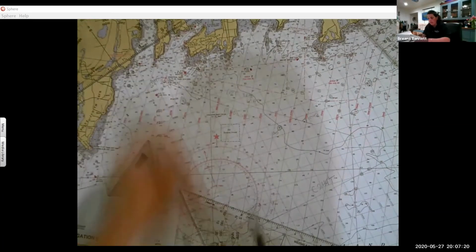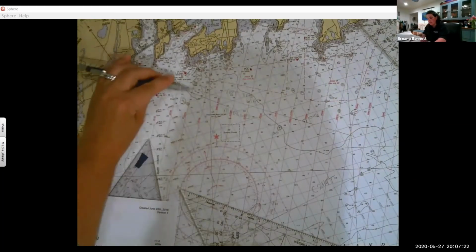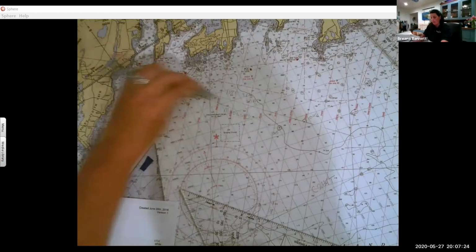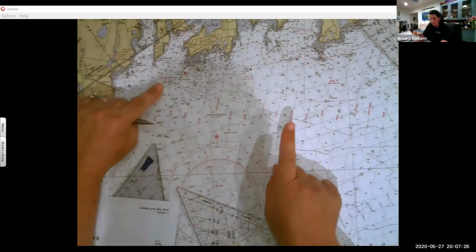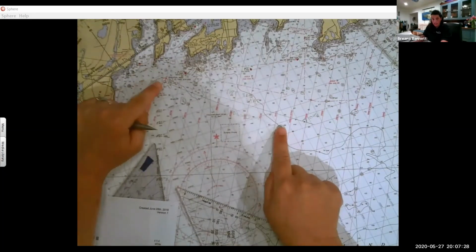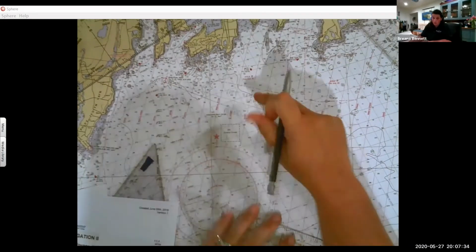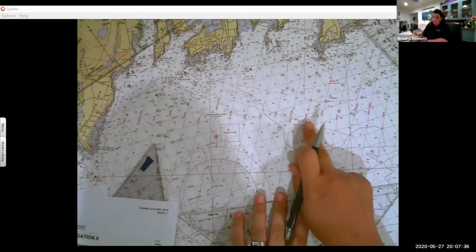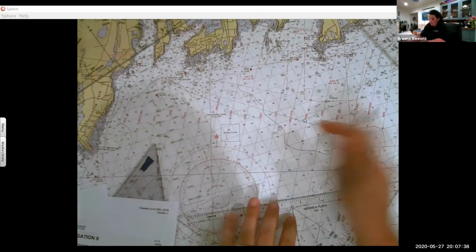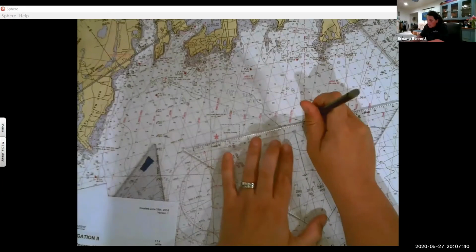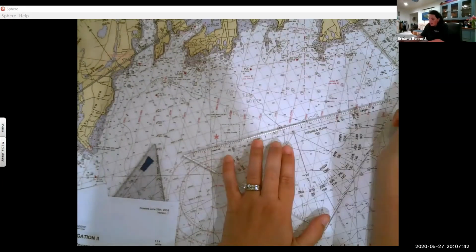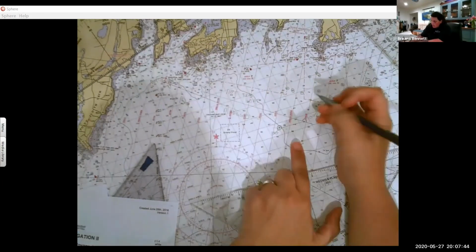I might have swiveled a little bit here and there, but on average, in 1 hour, I was at this point and then I was at this point. So I made good this line. This is what my boat was steering. So this line, if I connect these two dots, that is what my current is.